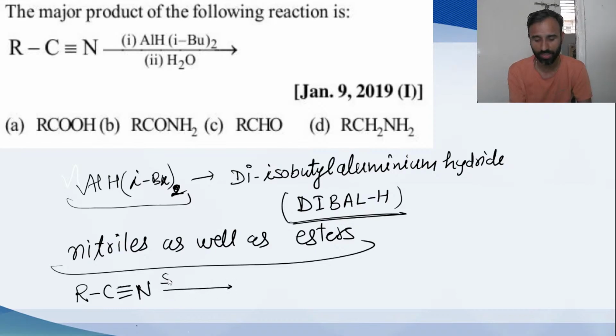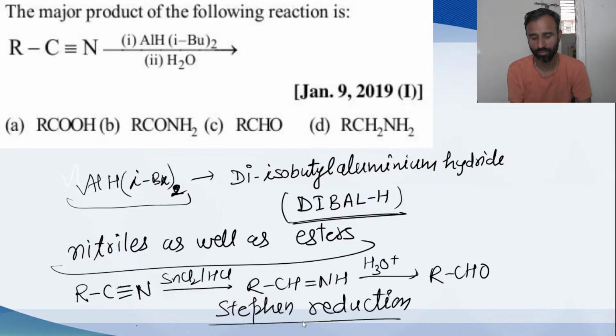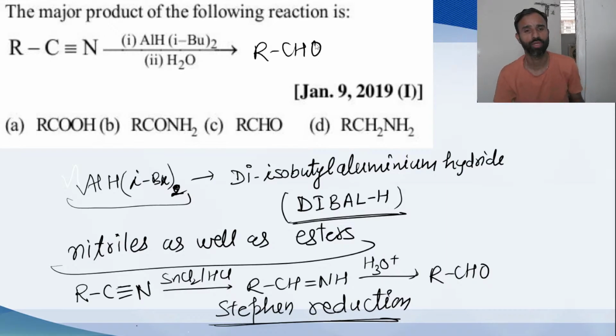When we use SnCl2/HCl, first we get RCH=NH, and then on hydrolysis we get RCHO, and this reaction is called Stephen reduction. Tell me, what about DIBAL-H? DIBAL-H will again give RCHO, which means option C is the right one.